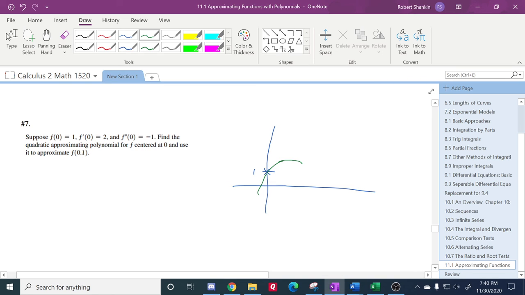All right. We use that information when we find the quadratic approximating polynomial.